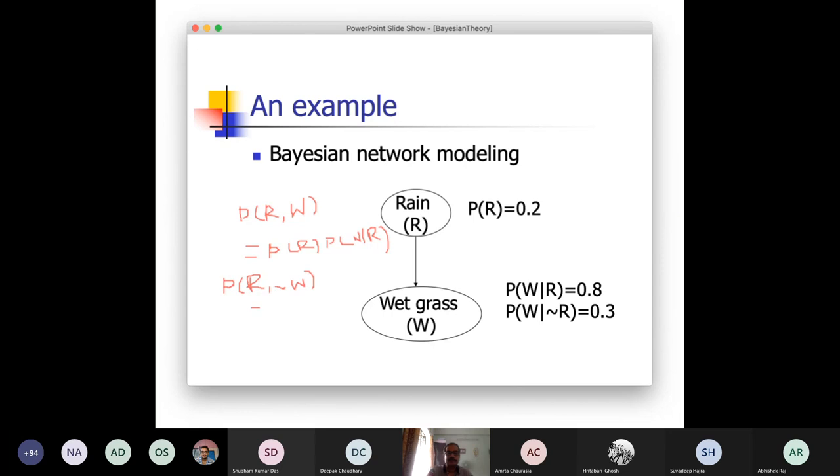The probability of R is 0.2, and not W given R is 0.2. So 0.2 into 0.2, that is 0.04, right? Similarly, the other two.